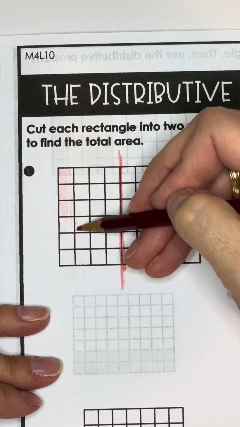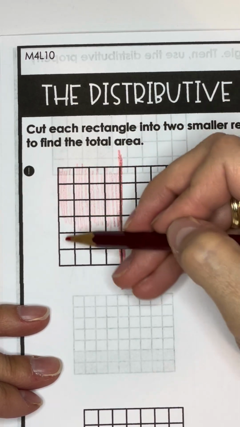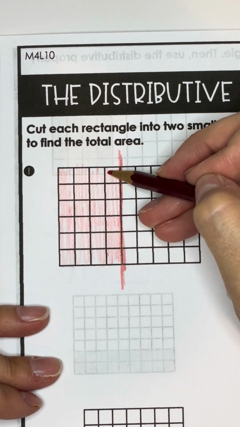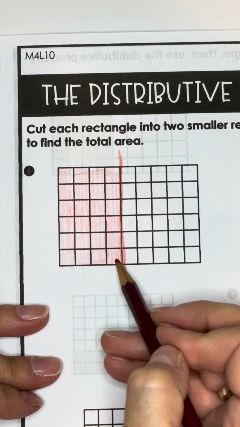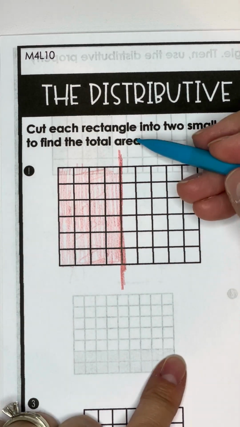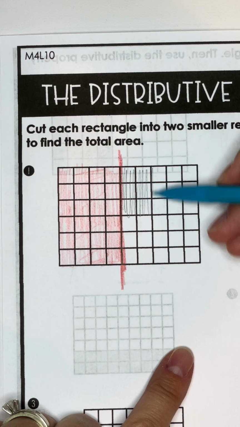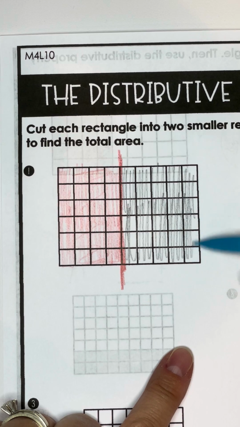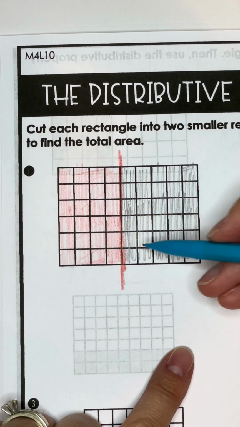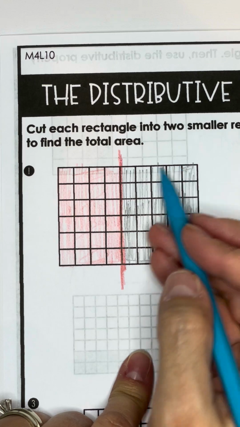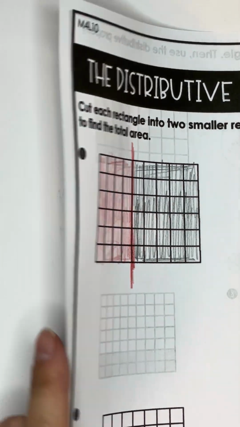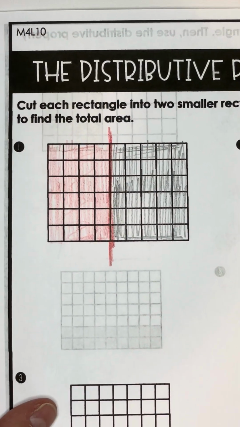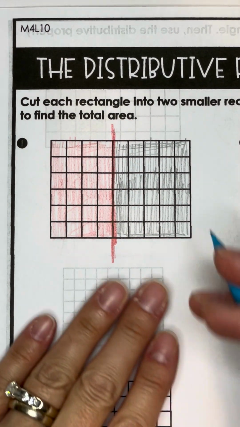And I am going to color this one with one of my colors. Doesn't have to be perfect. And I am going to color the other rectangle with my other color. Okay. When we do that, guess what it looks like? It looks a whole lot like what we were doing over here, doesn't it? So we're going to solve it in the same way.